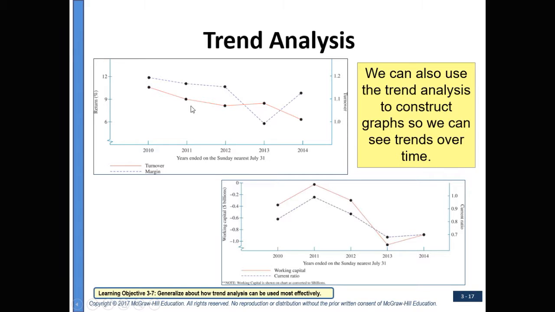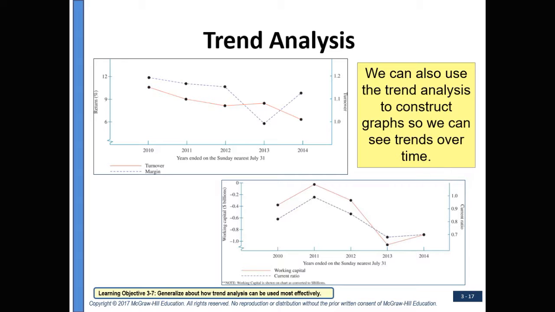We can plot the trends into a graph and see if there was something that triggered it. So perhaps in theory, maybe the turnover, rather than upticking in 2013, had bottomed out. That definitely would have been an issue.